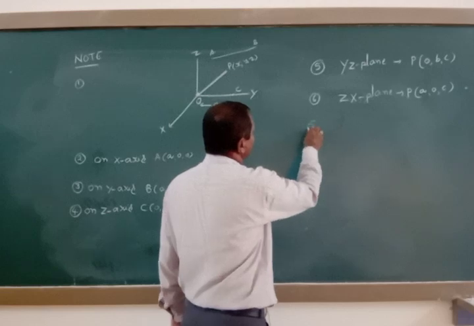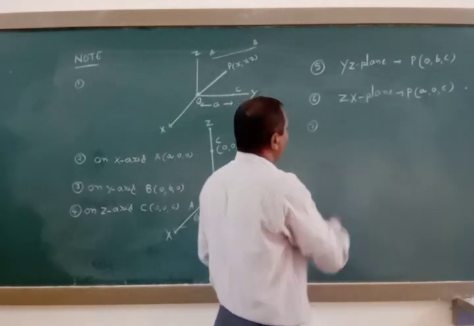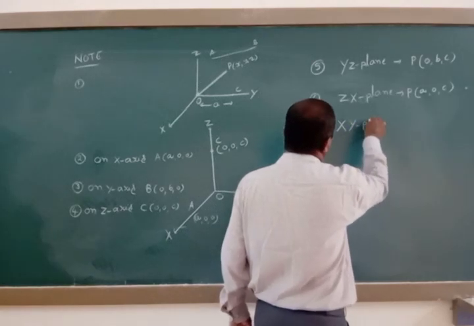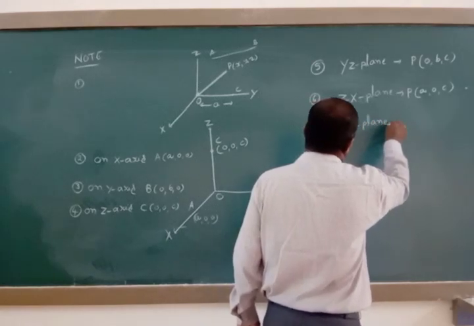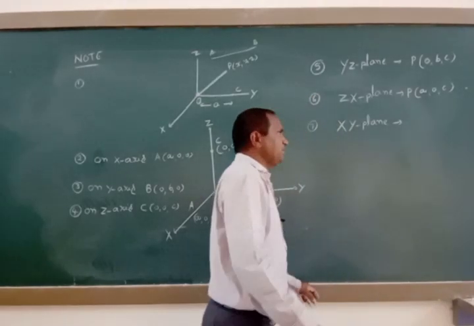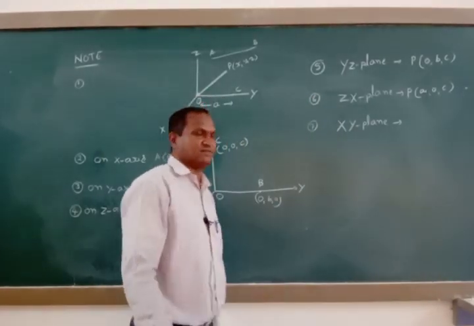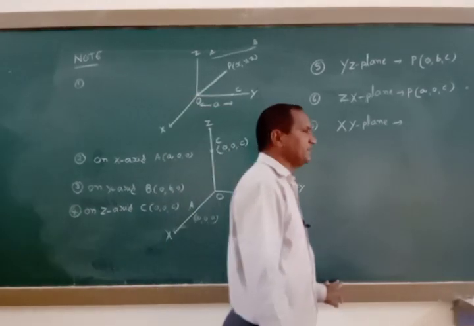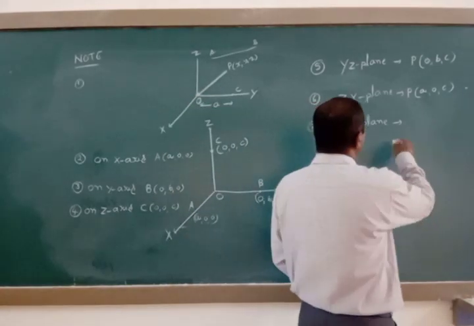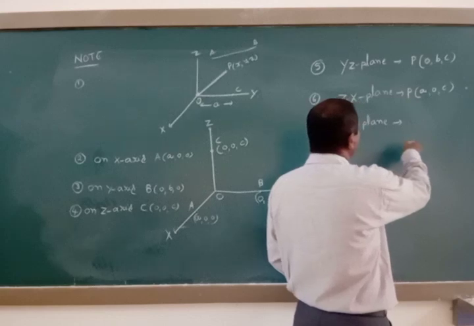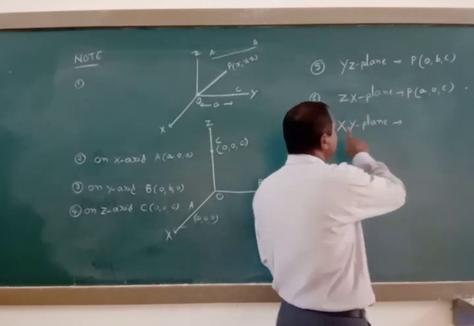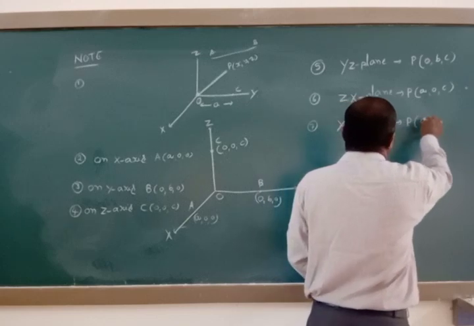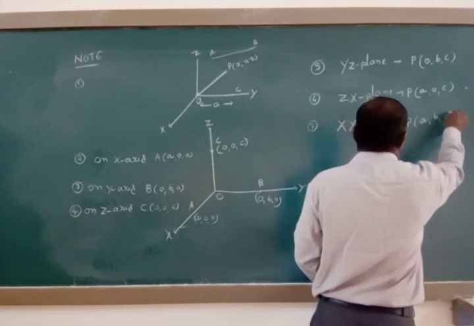Seventh, if any point lies on the xy plane, in this xy plane we will not see the z term. If we do not see the z term, instead of z we must take 0. Then we can write the coordinates of any point on the xy plane in the form (a, b, 0).